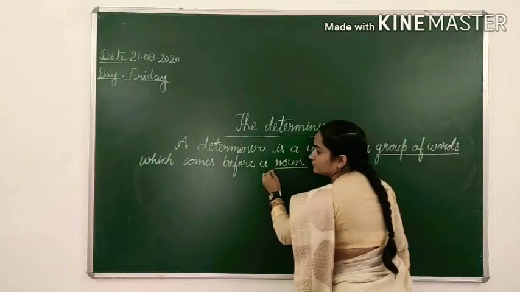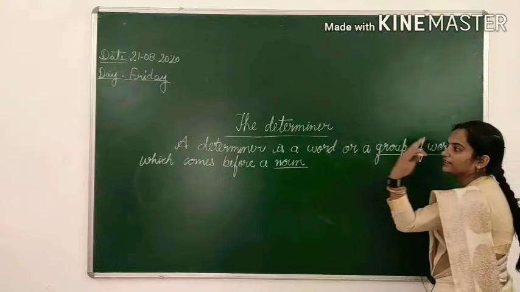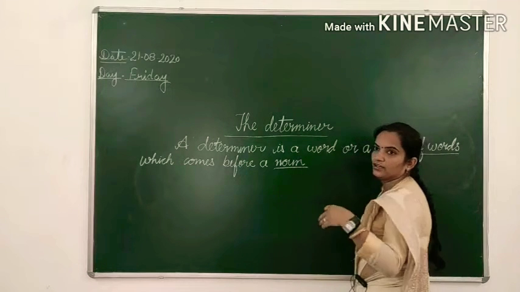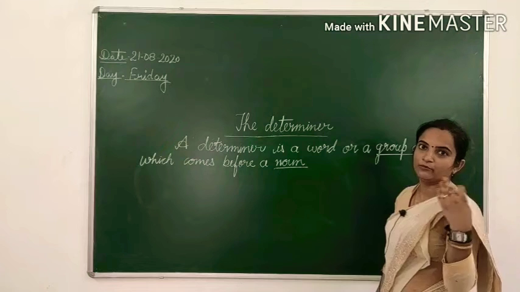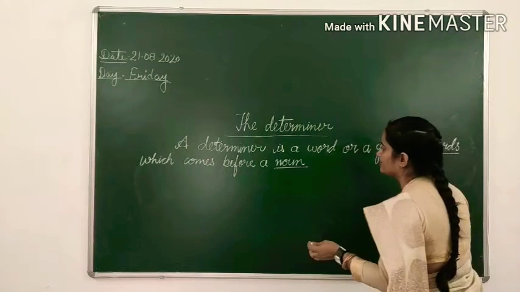Do you know noun, na? Name of person, place, animal or thing. It means a determiner will come before a name of person, a name of place, a name of thing, animal, etc.